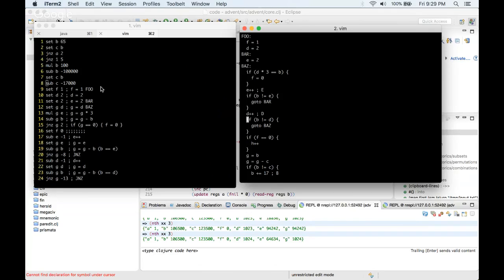Okay, so basically, F gets set to 1, D to 2, E up here, and then we can just say B equals 106,500, C equals 100, like this.